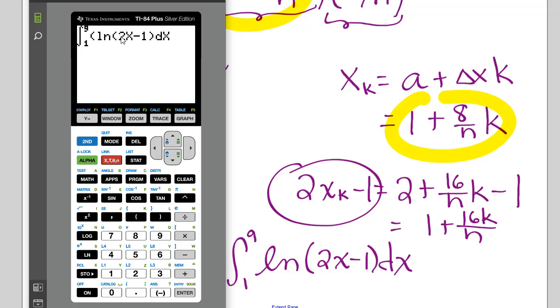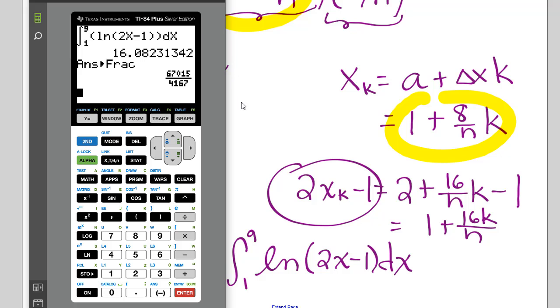We want to make sure we got all of our parentheses. I believe I need to add a close parenthesis right here. Yes, there we are. That comes up to be 16.08. If we can, we'll convert this to a fraction. That's not necessarily convenient to write, but it is exact.